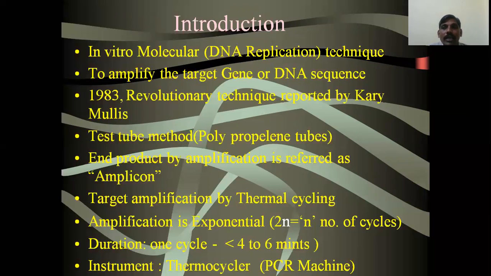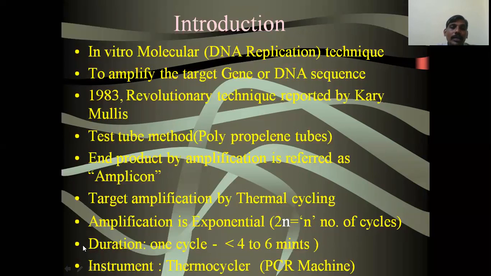In the next cycle, it produces 4 copies. In the next cycle, it gives 8 copies, 16 copies, 32, and so on. So amplification means duplication of DNA molecules takes place over several cycles. It is calculated by the formula 2 to the power of n, where n is the number of cycles.